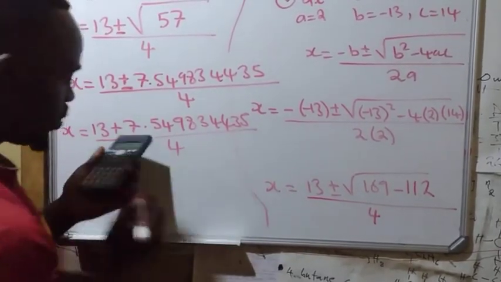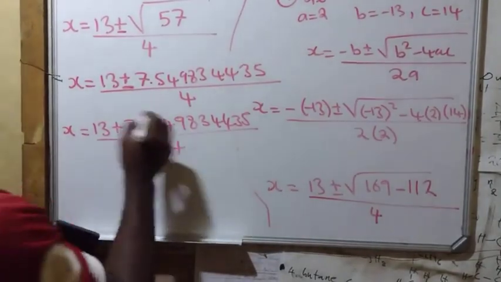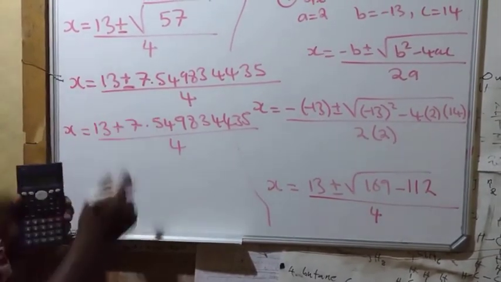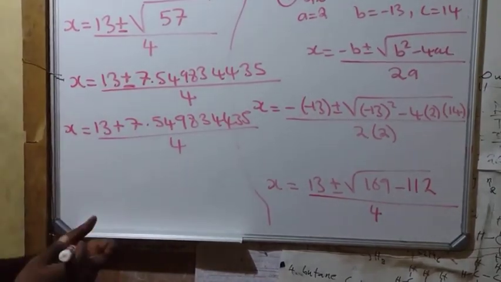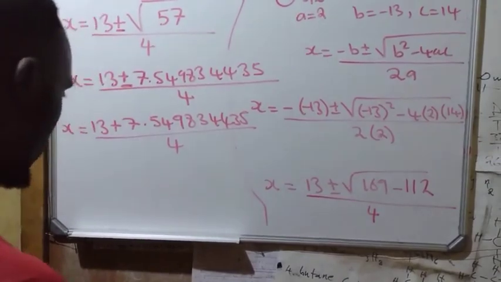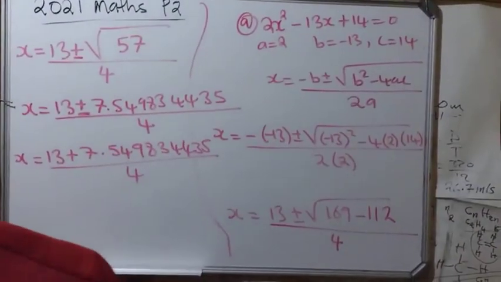I've said we start with the addition sign so that we work it out and then we come to the minus sign here. I hope you are following me nicely.